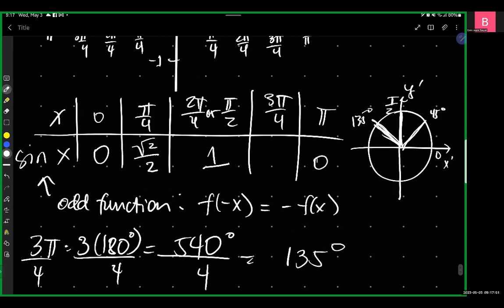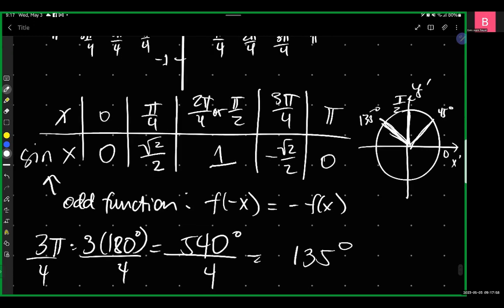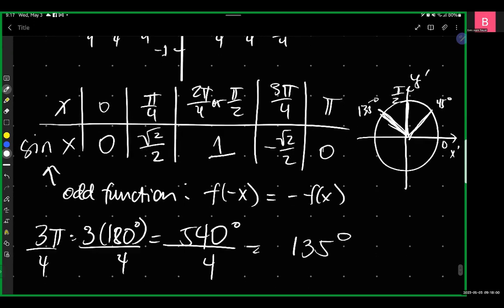So 135 degrees is simply square root of 2 over 2. Okay? So you saw how it's computed.